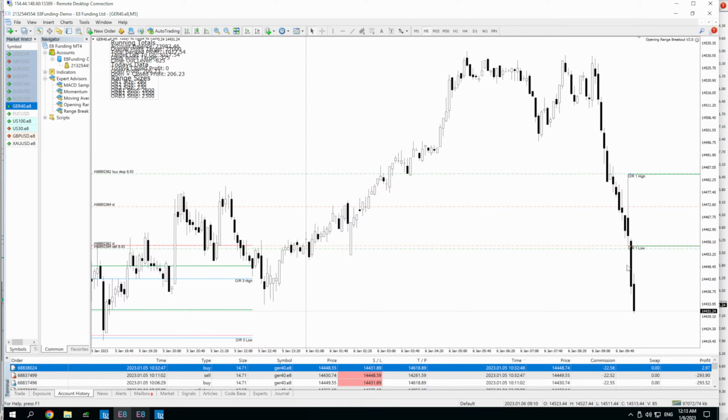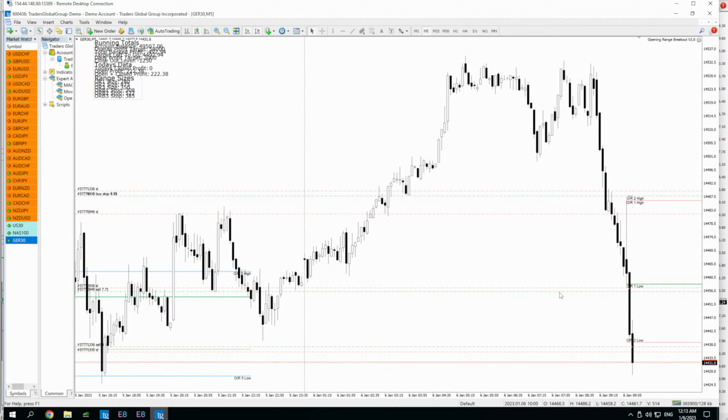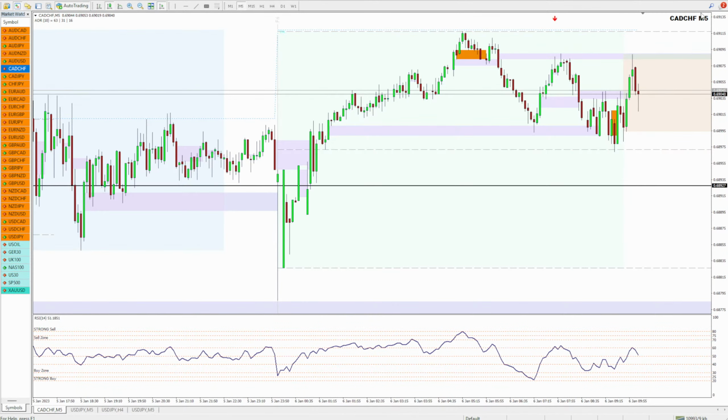So this one is just taking single ORBs. Three different strategies running. I'm going to vary these strategies more as well. It's something to do over the weekend. Right, so other than that, there's nothing else to look at.